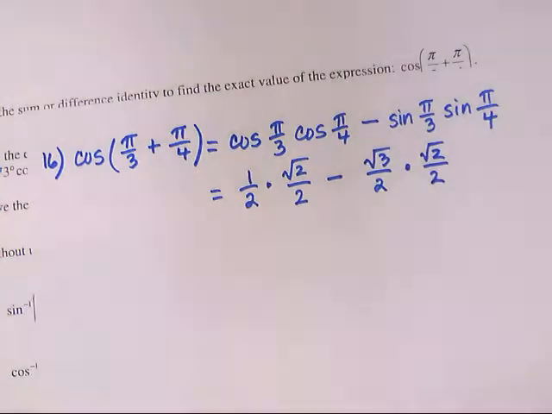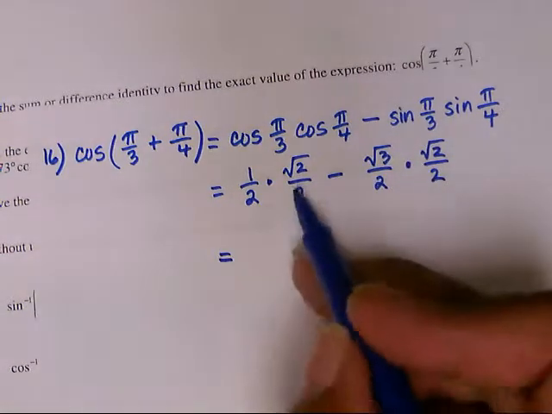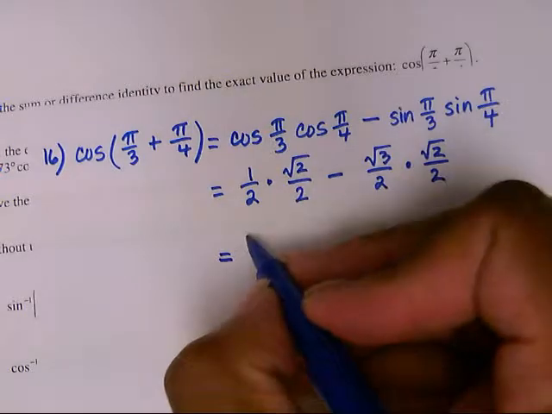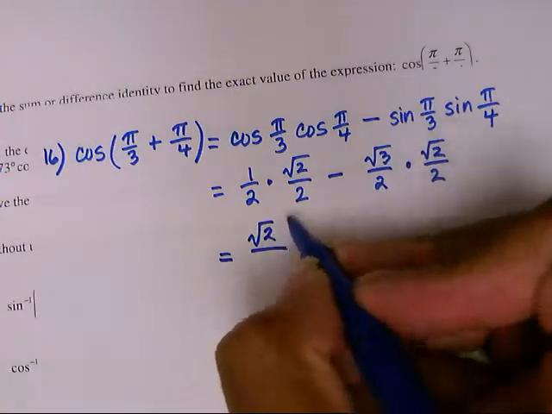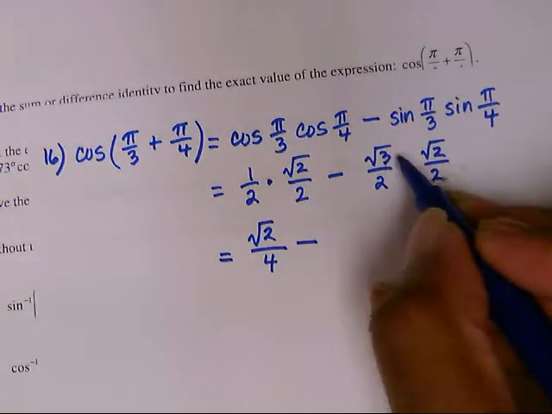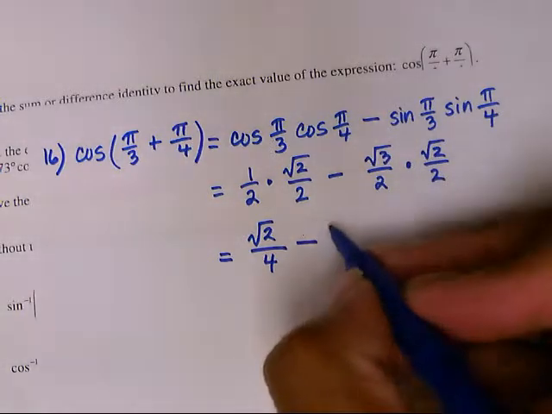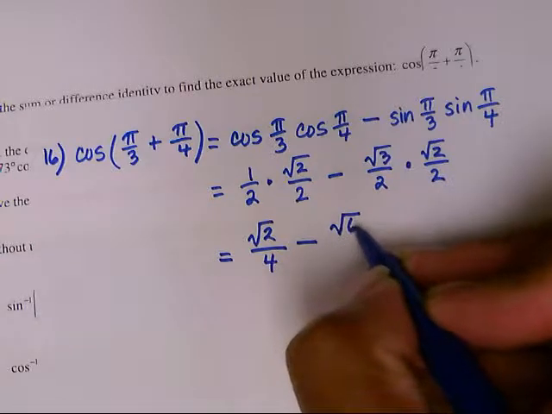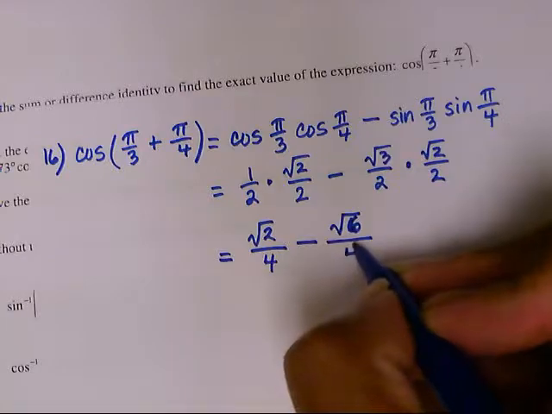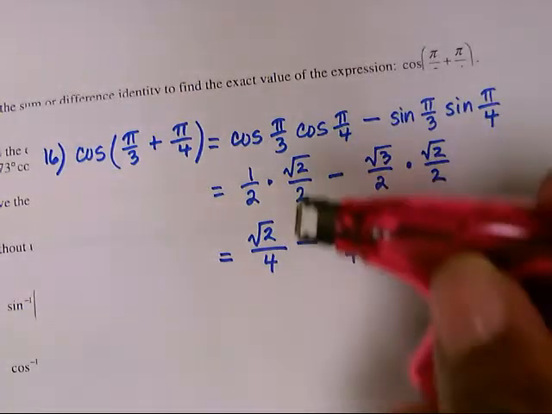Alright, now let's simplify this. This part is going to be numerator times numerator. 1 times the square root of 2 is the square root of 2 over 2 times 2, which is 4, minus the square root of 3 times the square root of 2 will be the square root of 6 over 2 times 2, which is 4.